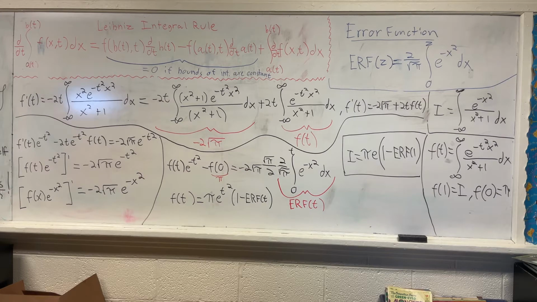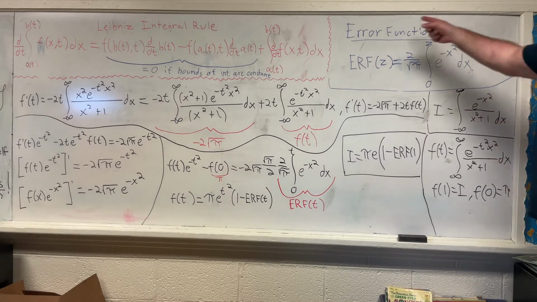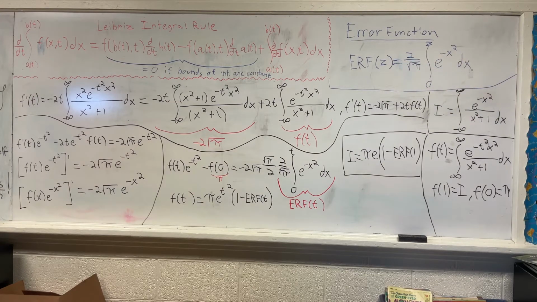One thing we're going to have to use for this video is the error function. The error function is something I like to call a cheat function. It's not an elementary function. It has no elementary representation, but it is considered to be a legitimate function in many scientific fields, specifically like statistics and things like that.